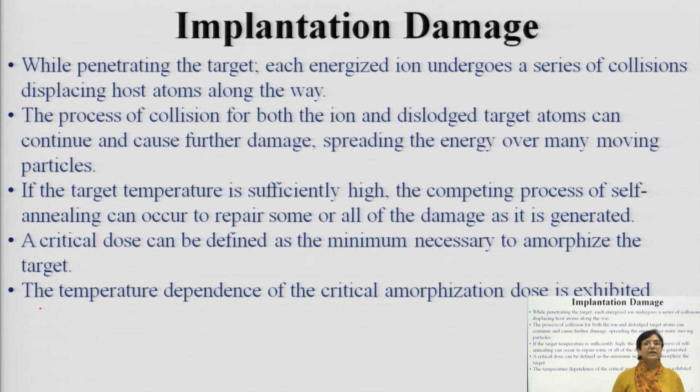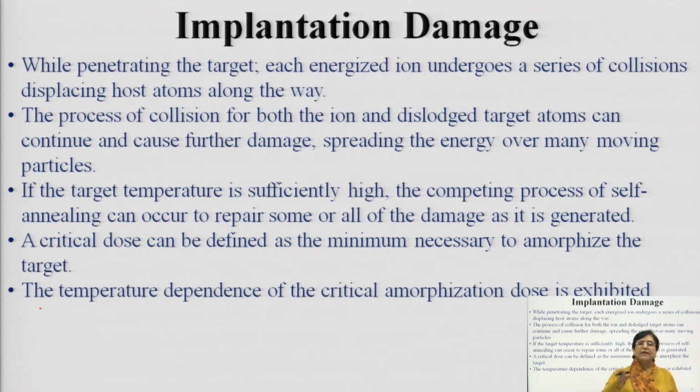The second category is whenever the ion beam is penetrating the target. The ion beam is very energized, and whenever that energized beam is striking, there is a series of collisions happening, displacing the atoms along the way.